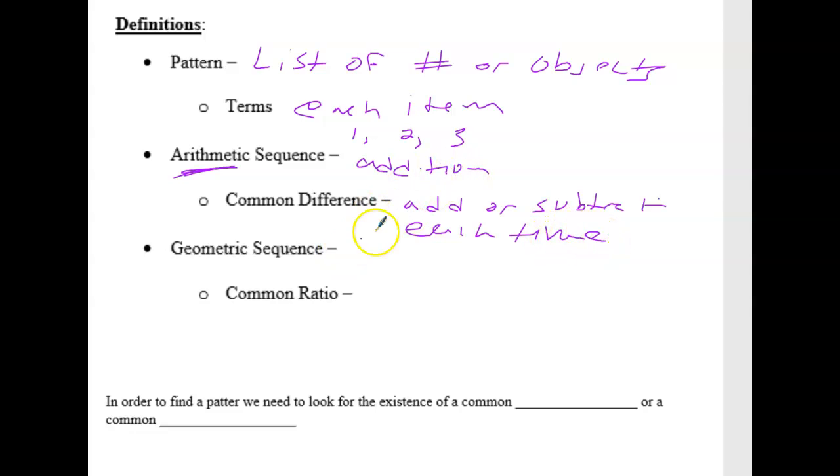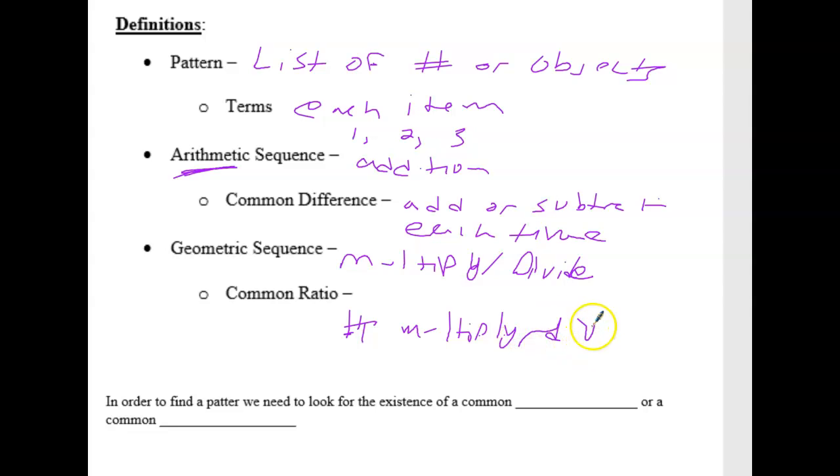A geometric pattern is going to be created by multiplication or by division. And our common ratio is going to be the number that we multiply or divide by each time. Okay?